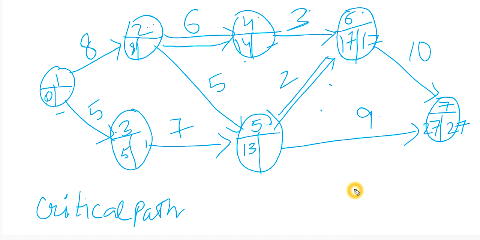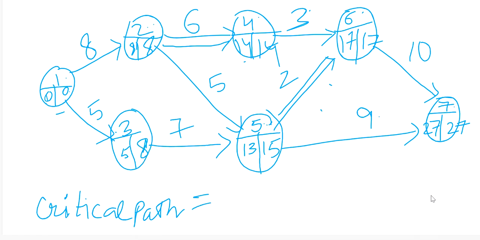So 17 minus 2 is 15. 17 minus 3 is 14. Then 14 minus 6 is 8, and 15 minus 5 is 10. So I will take the smaller one, that is 14 minus 6, 8. 8 minus 8, 0. Here 15 minus 7 is 8.